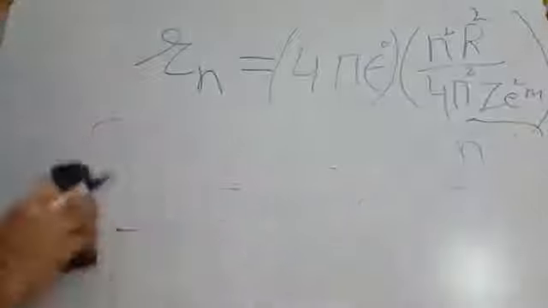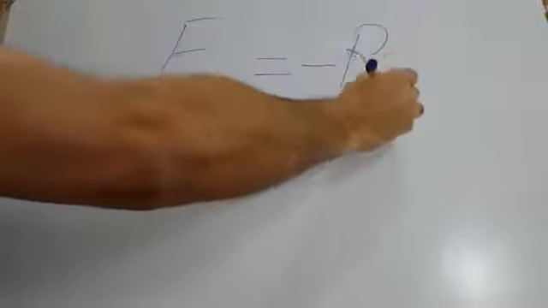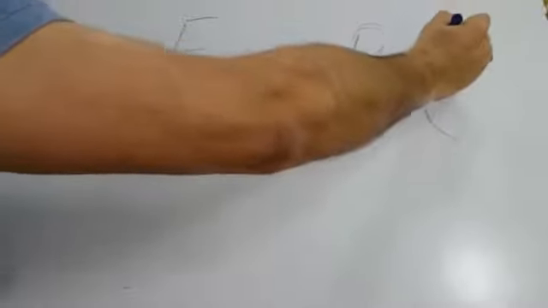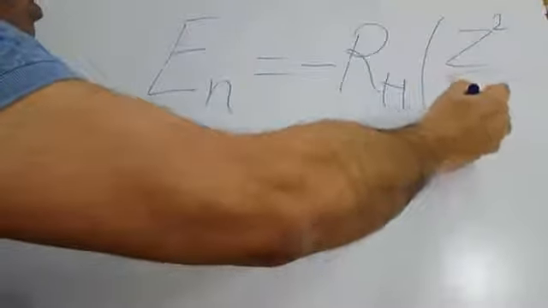Now I come to the next equation that you have to remember. Similarly, in the previous lecture, I derived the equation for energy in the nth orbit, and that total energy was minus RH, and I also explained where this RH came from, times, in the bracket, z square upon n square.